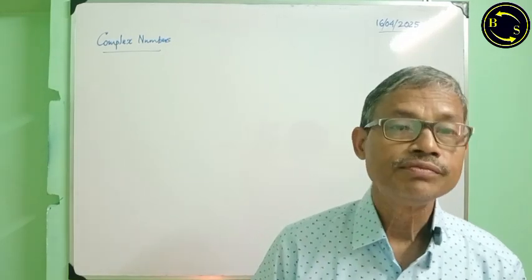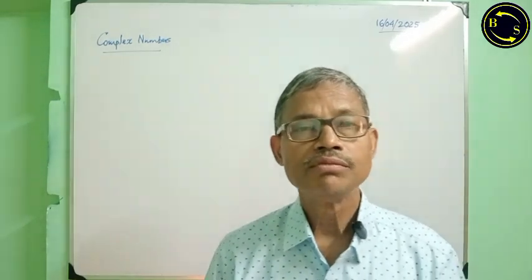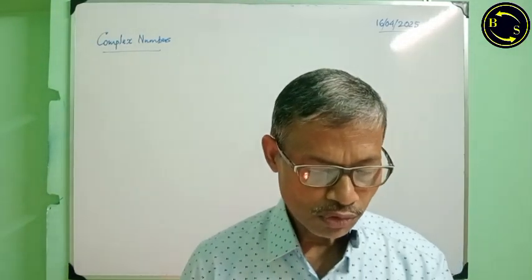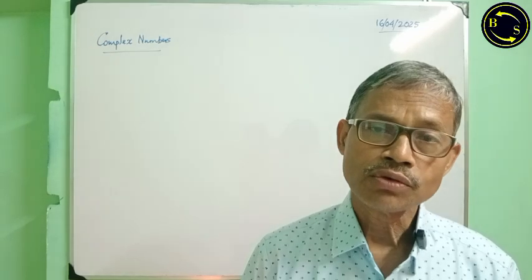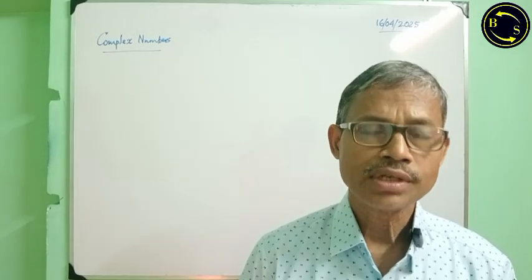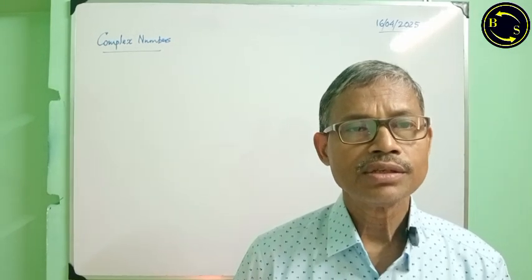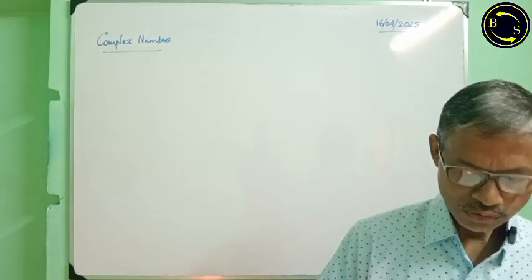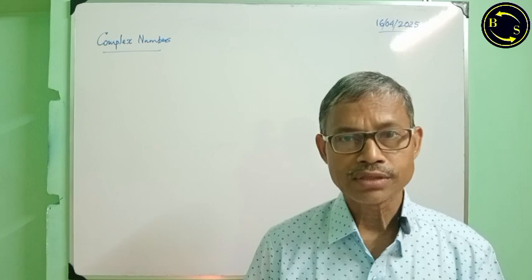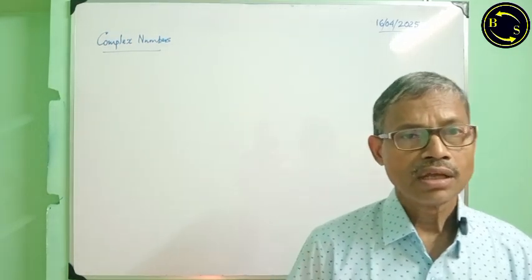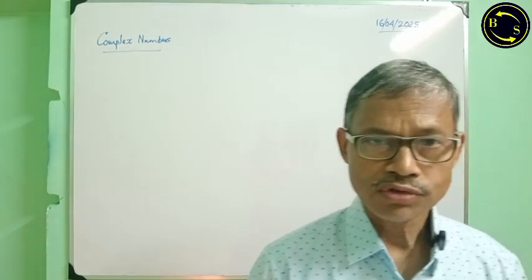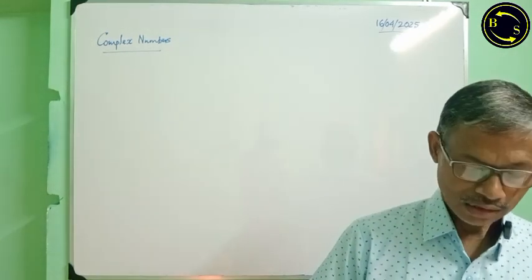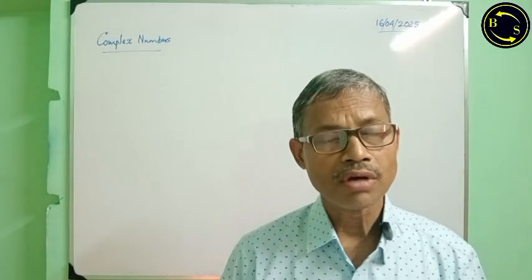Already we have seen sum and product of two complex number, also the quotient of two complex number. I repeat, sum, difference, product, quotient of two complex numbers. In case of quotient, denominator is non-zero. All are also complex numbers.